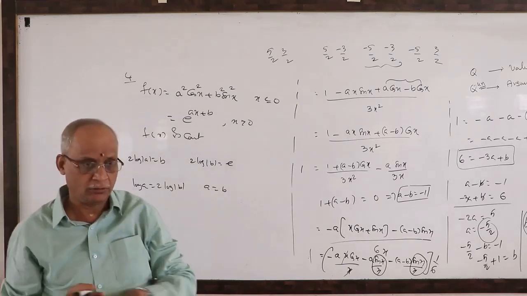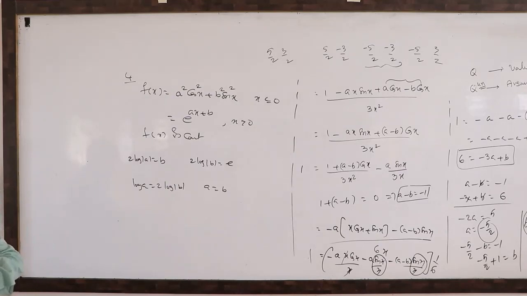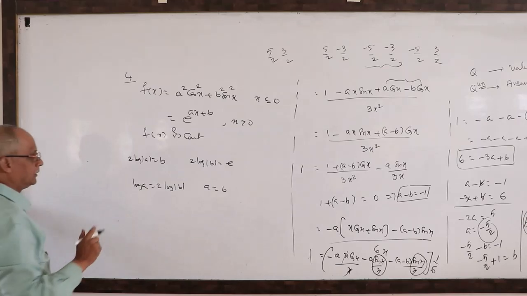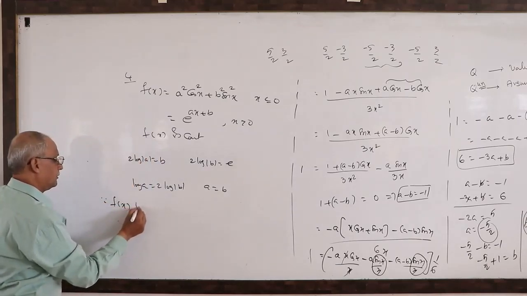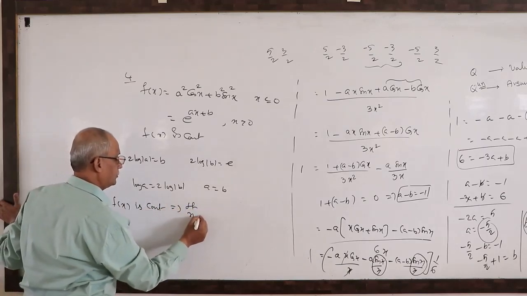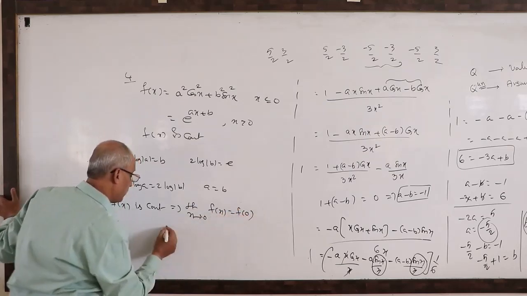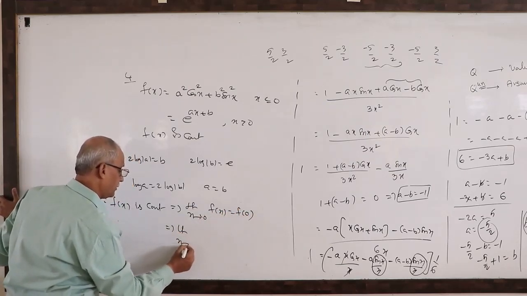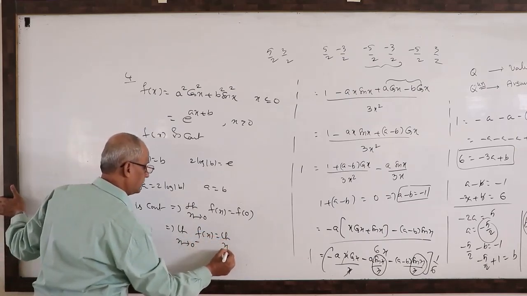He is asking some relation between A, B only. But since f of x is continuous, therefore limit x tends to 0, f of x is f of 0, implies left limit is equal to right limit.